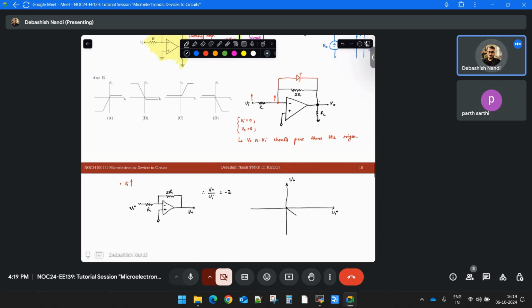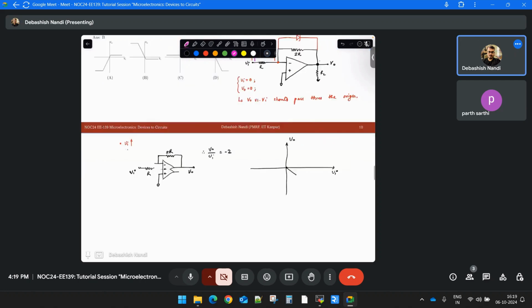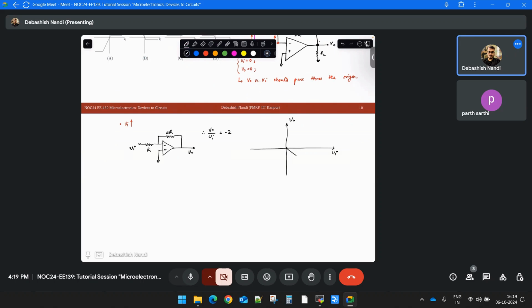After some time, when I increase it much more, this diode will turn on. So now what do I have? A constant voltage.